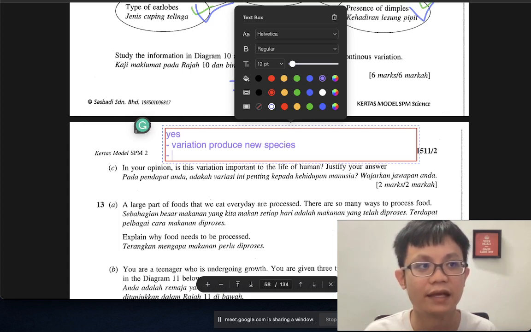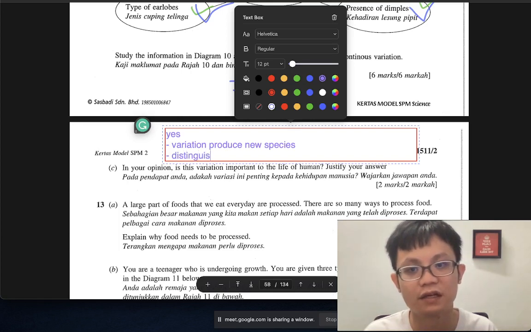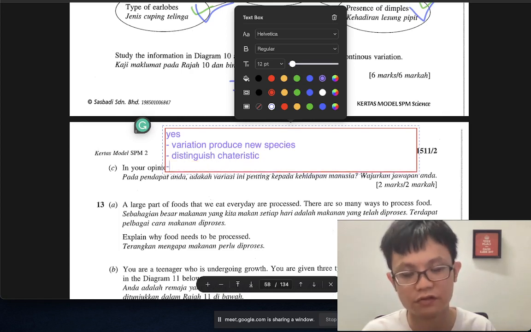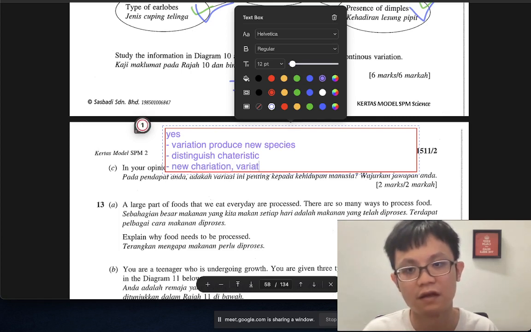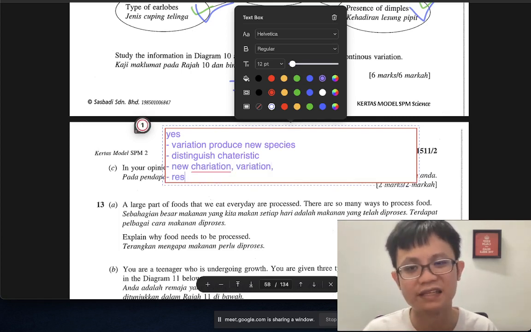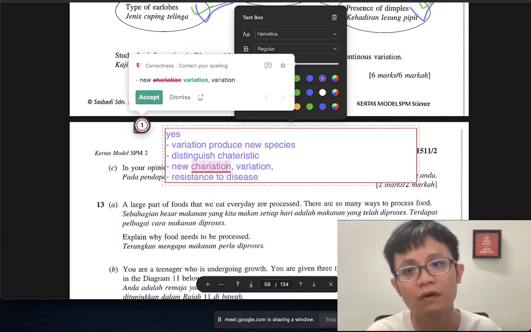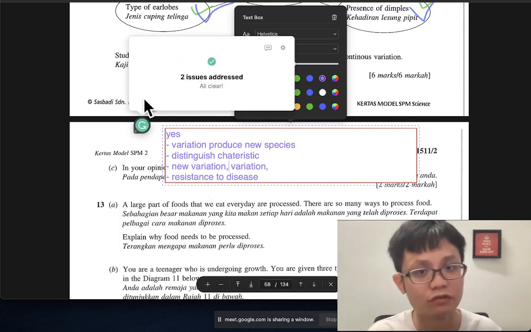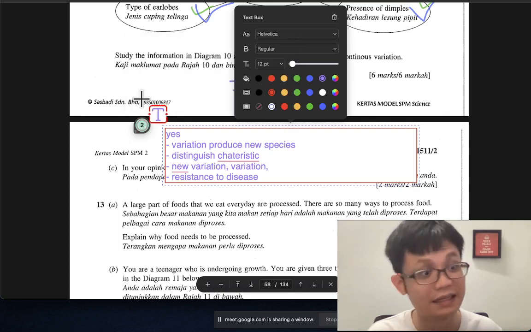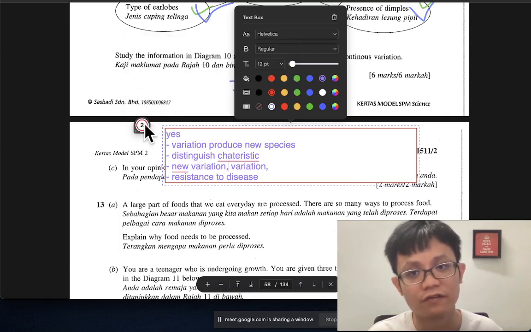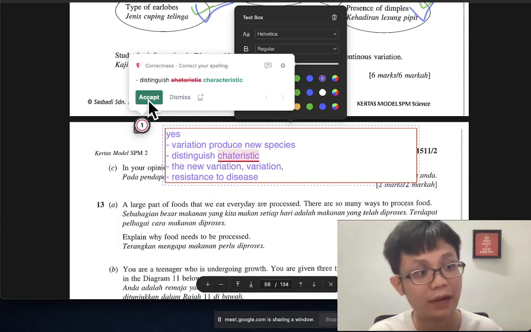Maybe I say it will distinguish characteristics, or maybe produce new characteristics or variation, or maybe resistance to disease, because you have variation, so you are more prone to being better at resisting disease in terms of animals and also plants, correct?